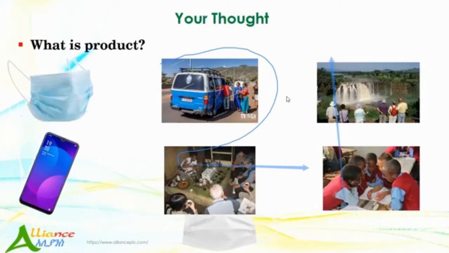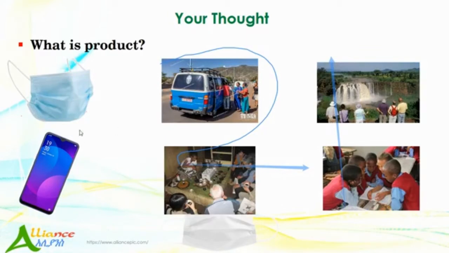Here in this world, as you can see, there are different types of products that we are going to use. Some products are tangible, some are intangible. For example, here we have a mask, which is a tangible product. You can see a smartphone, a taxi service, a cafeteria service, our coffee ceremony, tourism and also education.